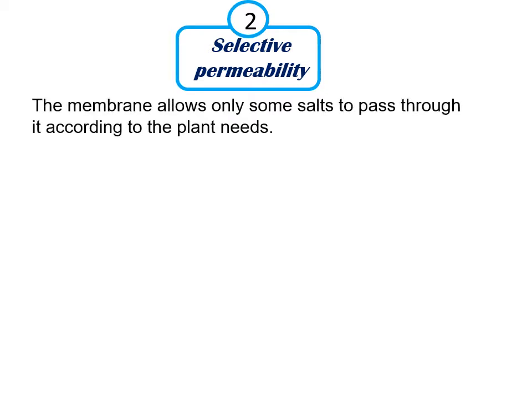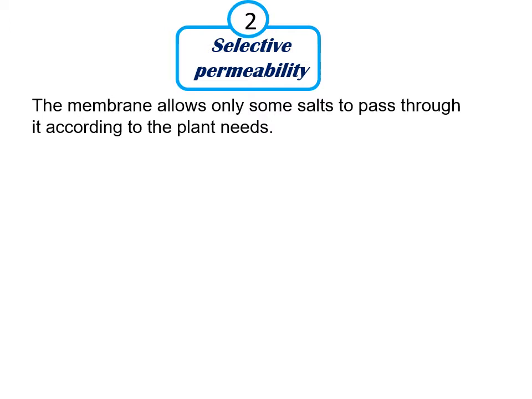Selective permeability is the ability of the plasma membrane of the plant's roots to allow only some salts to pass according to the plant's needs or requirements.